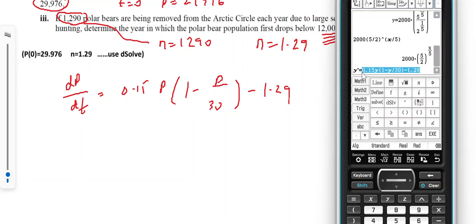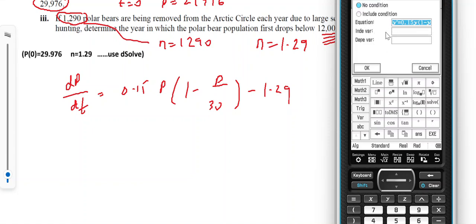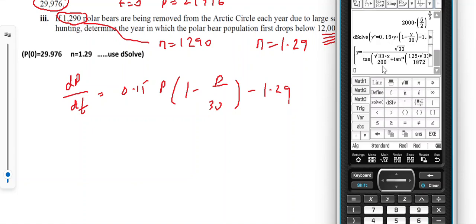So I've entered that on Calculator, Interactive, Advanced, dsolve. That's x, that's y, including my condition of when x equals 0, y will equal 29.976. And that gives me the expression for y.